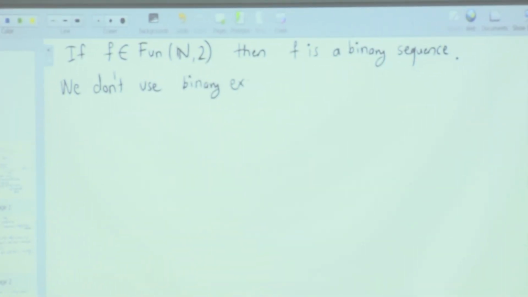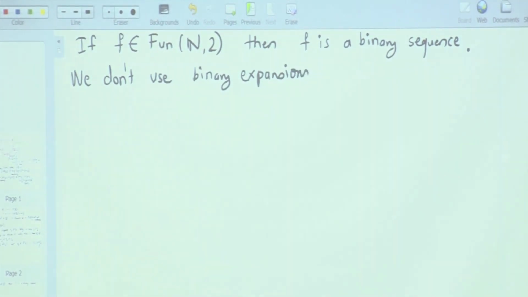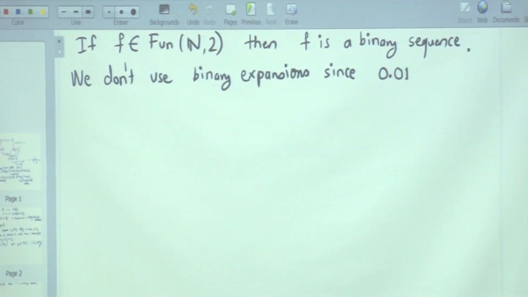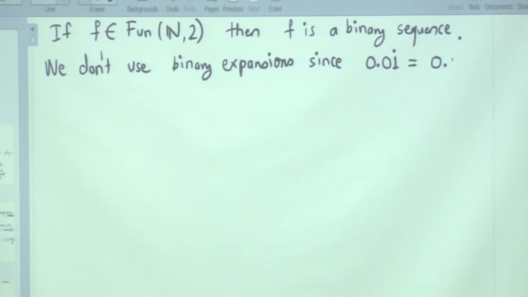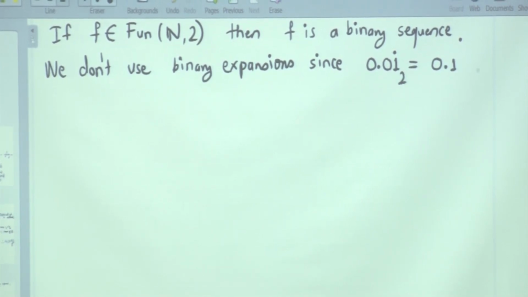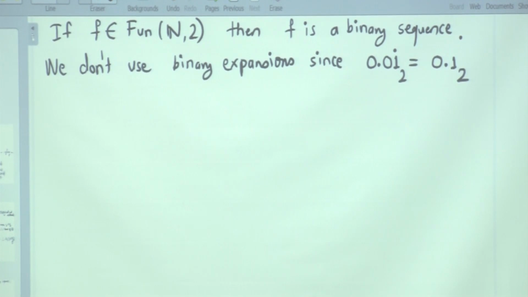We don't use binary expansions since, let's say, 0.1 repeating is the same as 0.1 in binary. So we don't want to run into these problems. So our remedy is we will use ternary expansions instead.